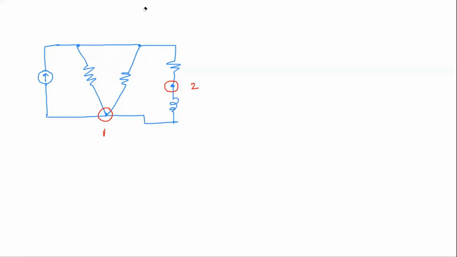This is the total third node. Understood? So if there is no element in between, you should not consider this as a separate node. You have to combine that one.